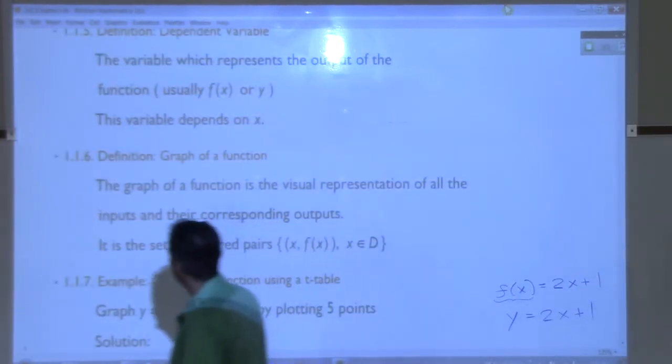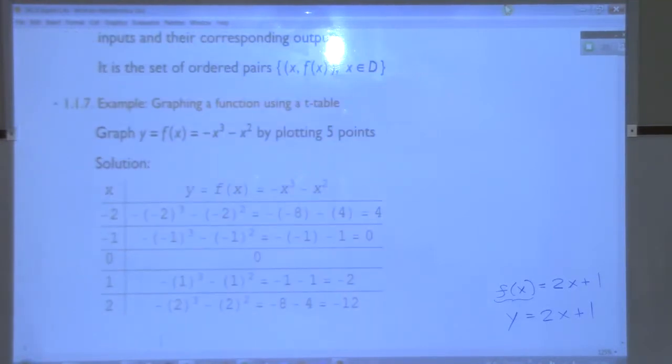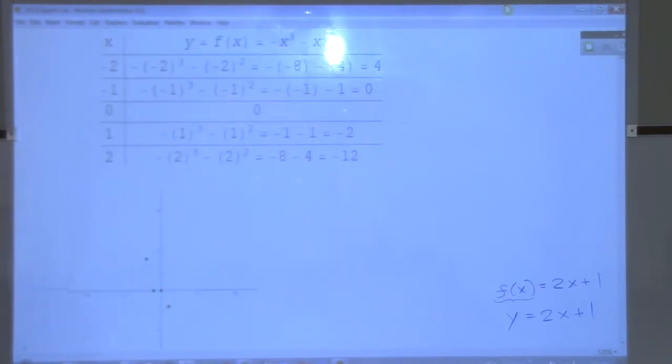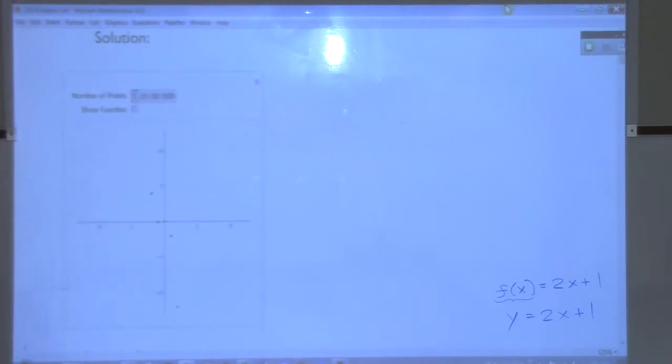All right, graphs of functions. When we first started to learn how to graph a function, we did these things called t-tables. Remember that? You start plugging in numbers and put all these dots together, right? And we graph these functions. What I want you to understand is that the graph of a function is just all those points, right?